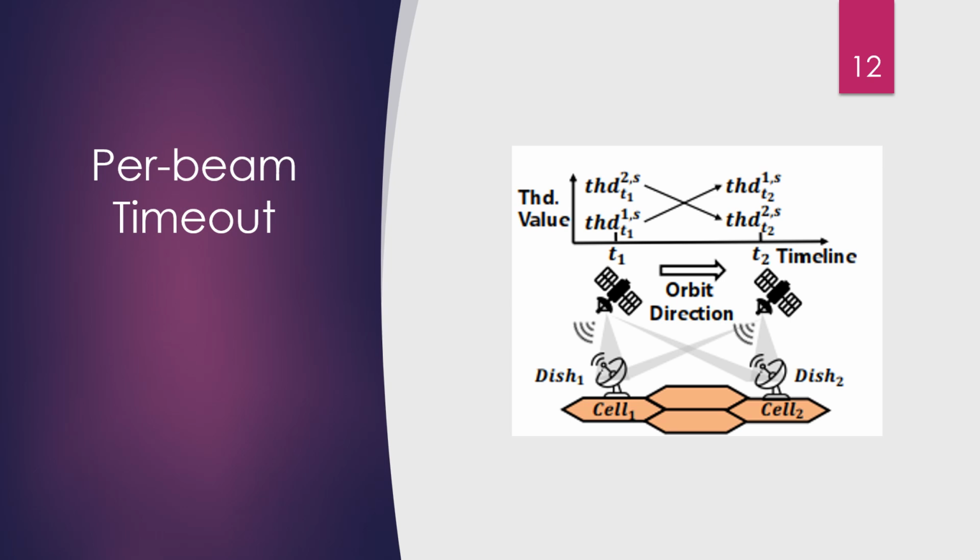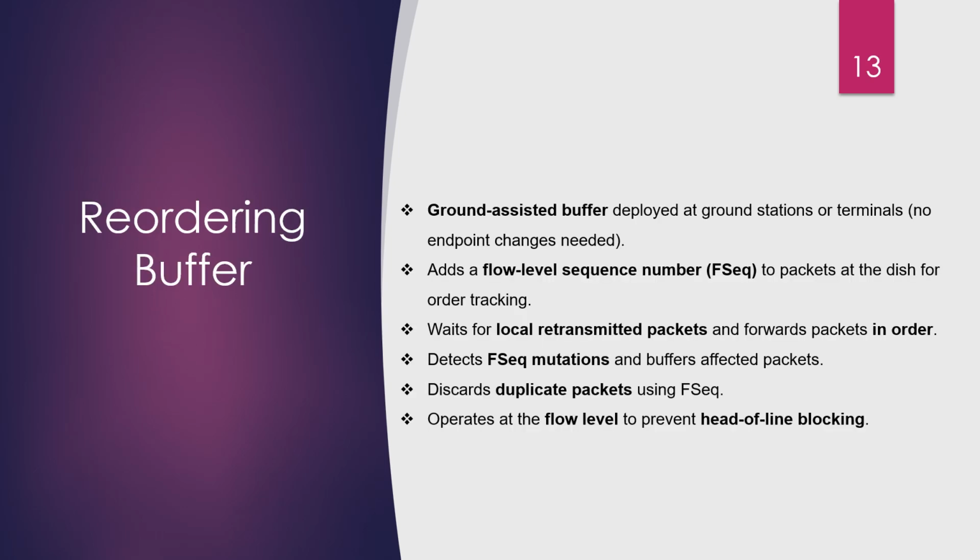So, we talk about another mechanism. SatGuard's reordering buffer addresses the packet disorder issue by introducing a ground assistant buffer that operates at the ground station for terminals. It adds a flow level sequence number to packets for order tracking.